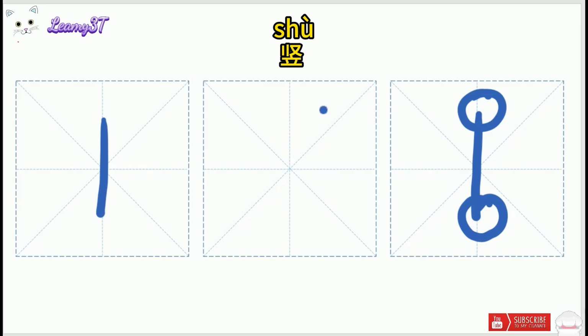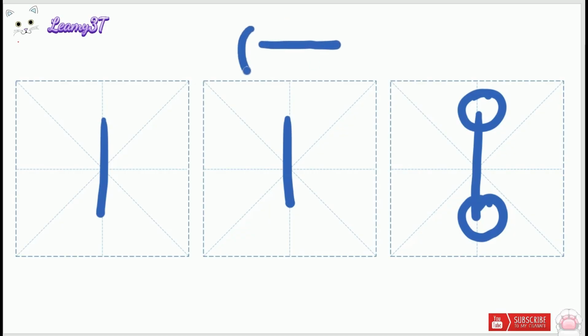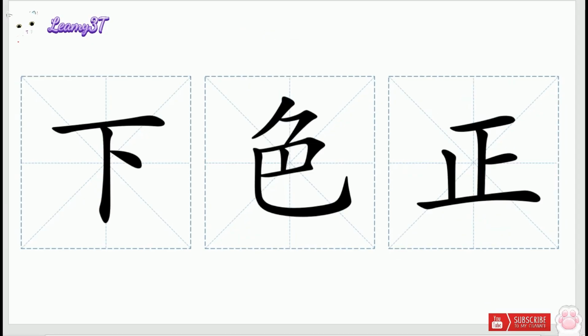Please write it in the middle of the square. You can also imagine it as héng rotated 90 degrees. Okay, now please find all the shu strokes in these 3 characters. You have 10 seconds.